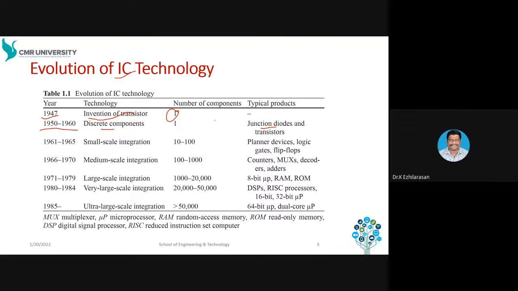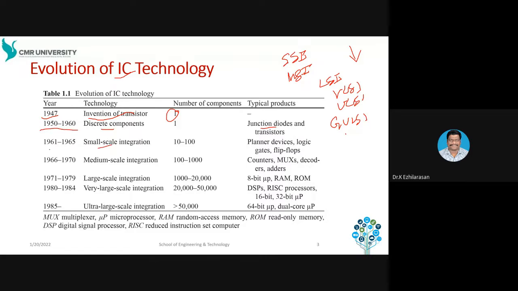It will be categorized as SSI, then MSI, then LSI, then VLSI, then ULSI, then GSI or GVLSI. These are the different categories, where SSI stands for small scale integration.